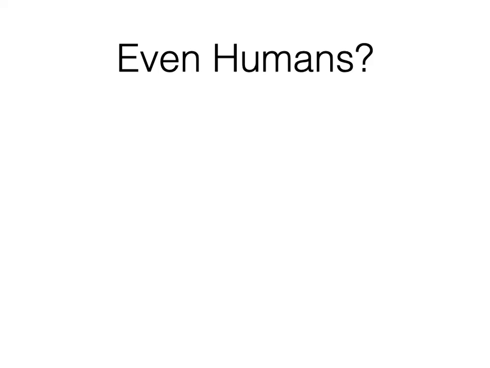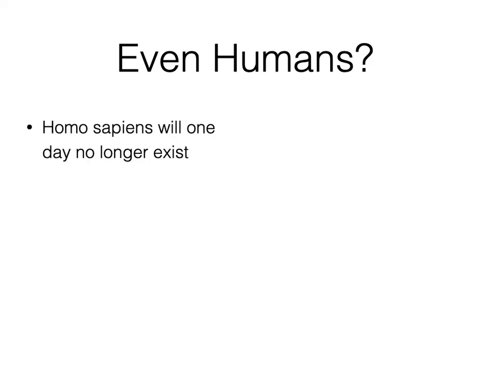And this is the case for humans. Even human beings, Homo sapiens, will one day no longer exist. Now, that doesn't mean that parts of us, parts of our DNA, parts of who we were or any of these other species disappears forever, although that can be the case. So the question is, will our lineage continue?